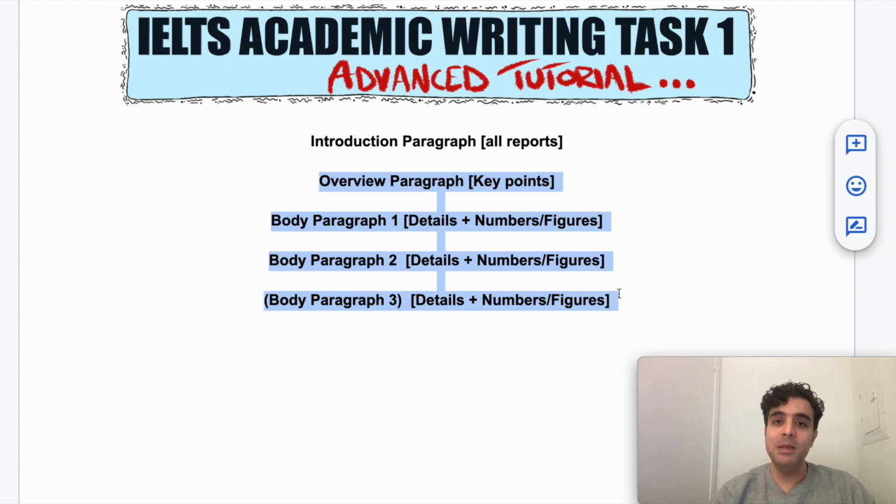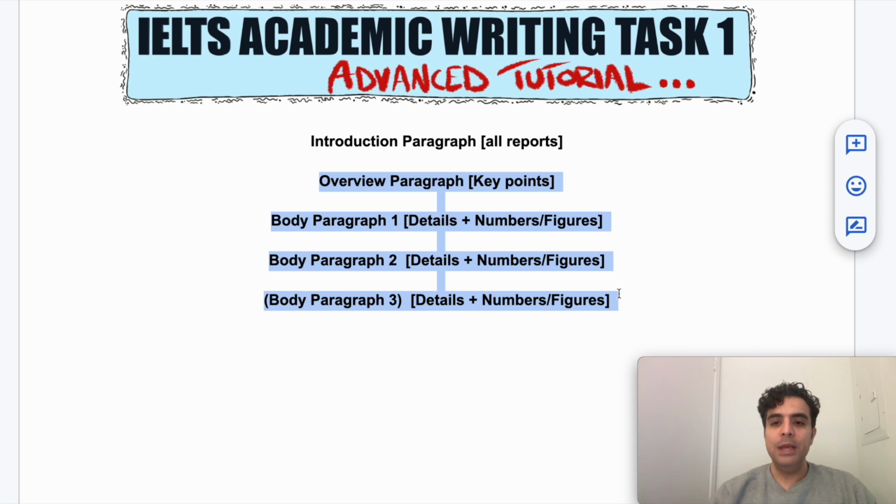And the same can be said about qualitative data, that is flowcharts and maps. So what we're going to do in today's lesson and also in the upcoming lessons is we're going to learn a number of different language and grammatical structures that you could use to describe these different kinds of data.